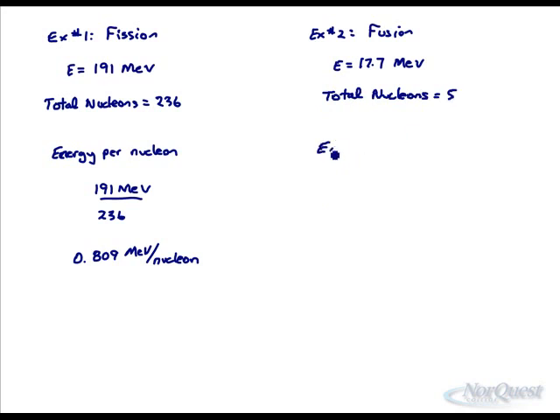So if you were to find the energy per nucleon, yes, it's a smaller value, but a lot fewer nucleons. 17.7 divided by 5 gives you 3.54 mega electron volts per nucleon.